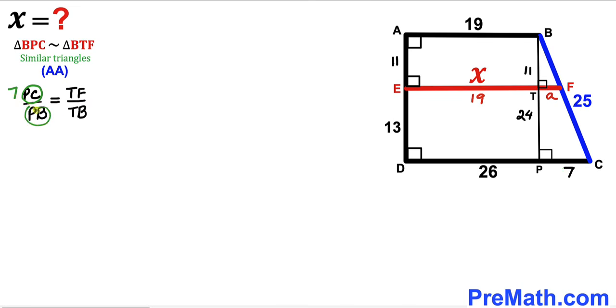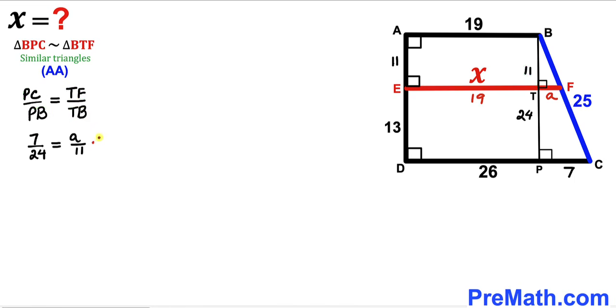This PB length is 24, so I'm going to replace that with 24. And this tiny TF length is lowercase a, so I'm going to replace that with lowercase a. And finally this segment TB is 11, so I'm going to replace that with 11 over here.